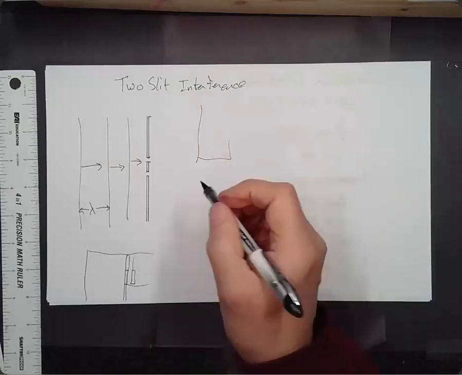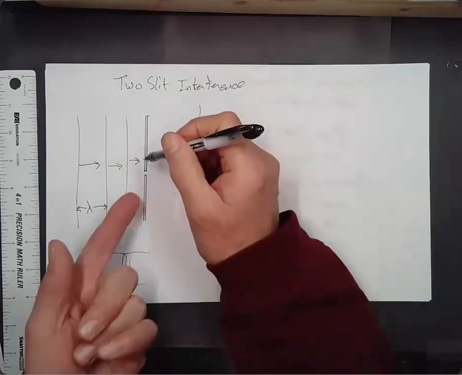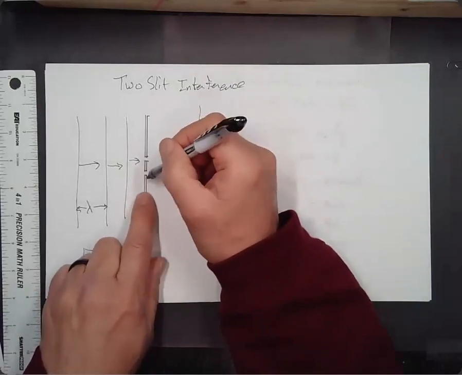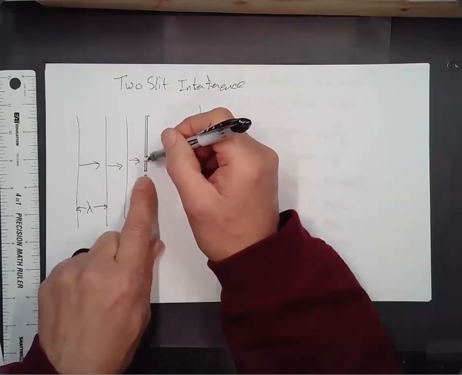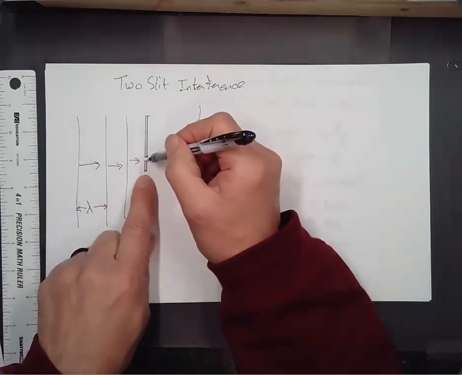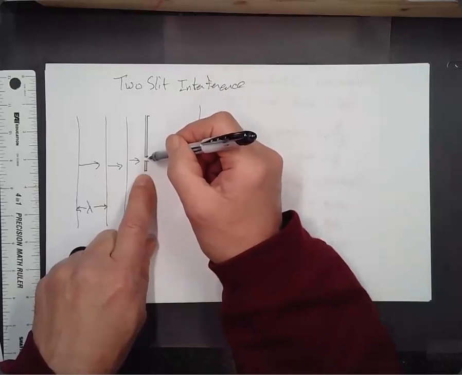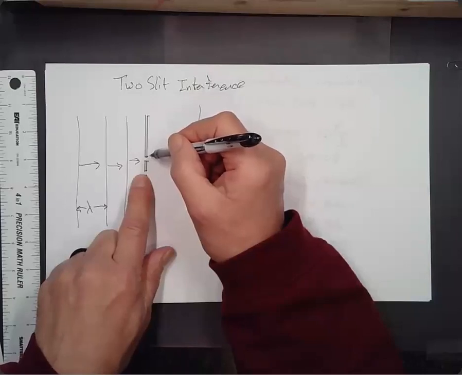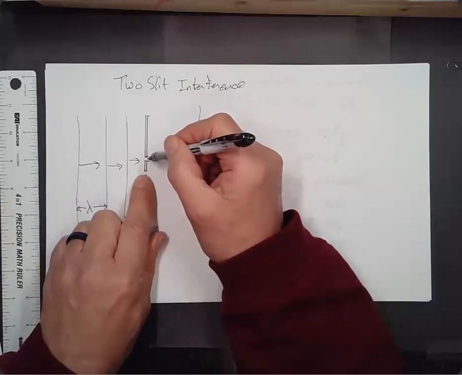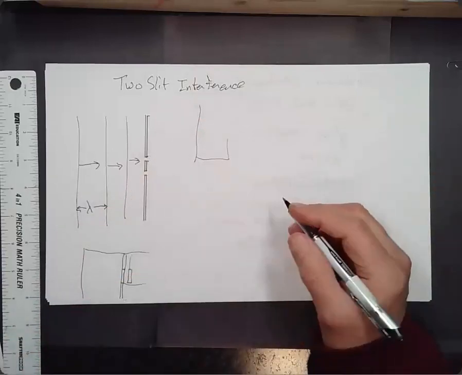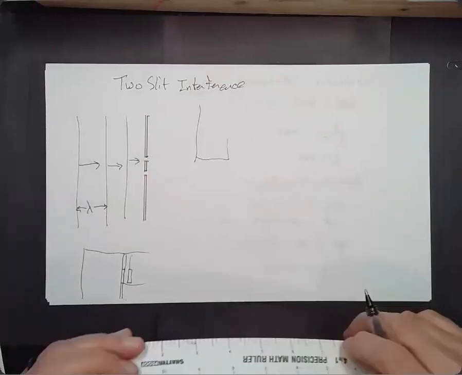Now, if the light just goes straight ahead, the light that arrives here is going to be what we call coherent. Each of these two slits will experience the maxima and minima of these waves traveling along here at the same time. And so the light will leave these two slits in coherence or in phase. And so if you happen to travel the same distance away from these things, then the light would arrive in phase.